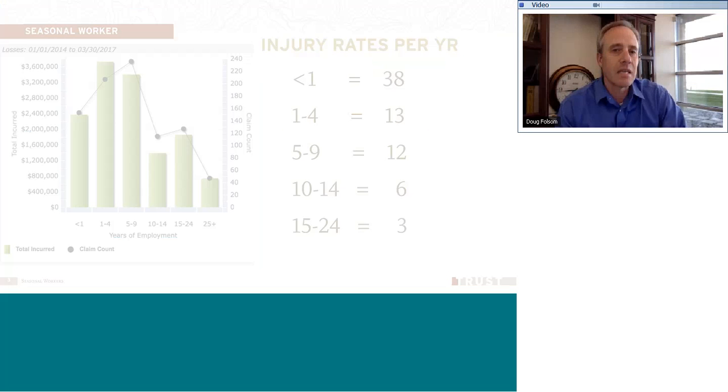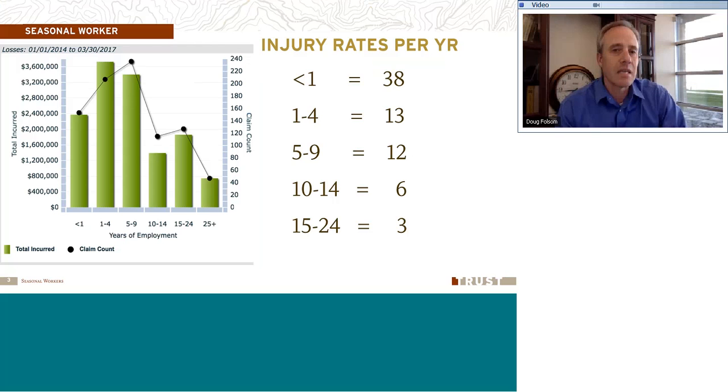And so we can see that first bar is not the highest bar, but it also represents less than a year, whereas the subsequent bars on that bar chart represent 4, 5, 10 years. So we can see when you look at it that way that it's actually a much higher rate of injury that's occurring with employees in those first 12 months, in those first few months even of employment versus long-term employees.